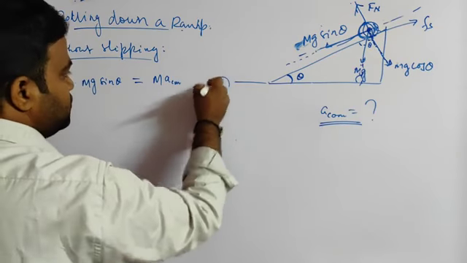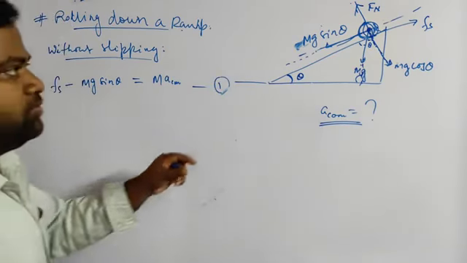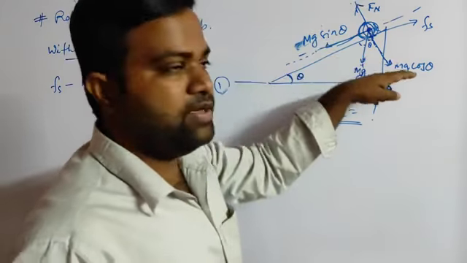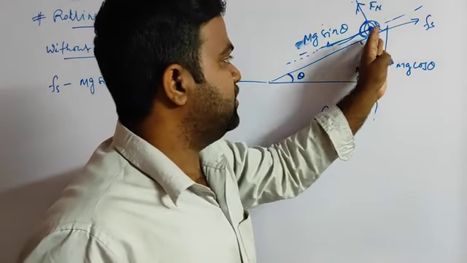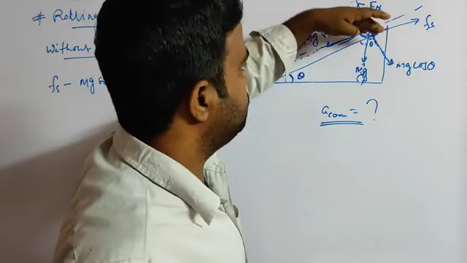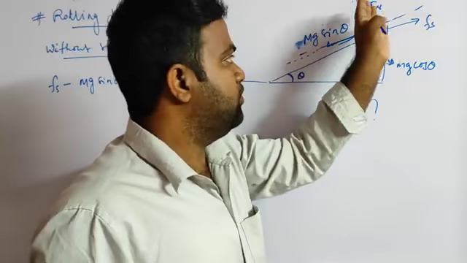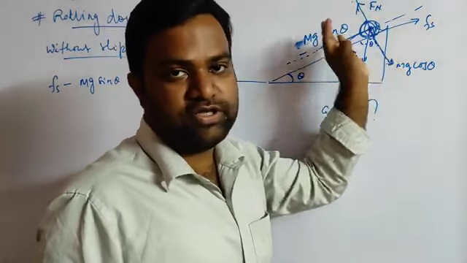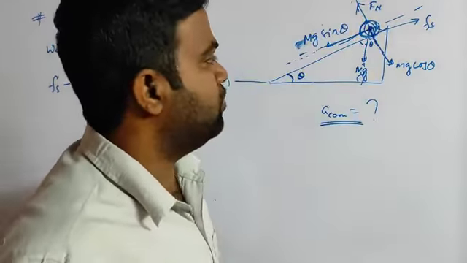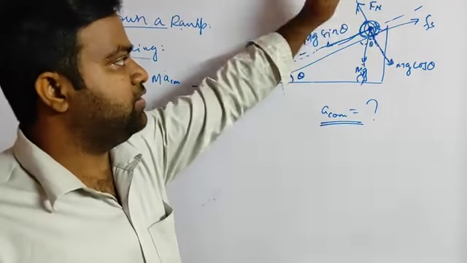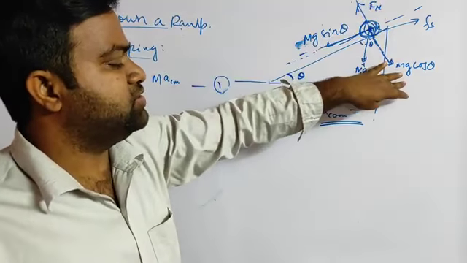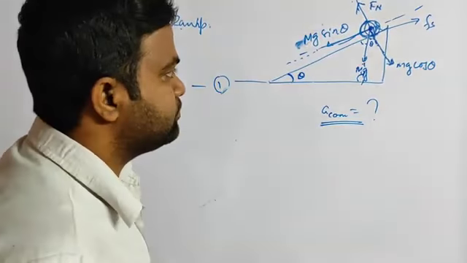Let's say this is equation number 1. Now Fn and mg cos theta are exactly equal, meaning there is no motion along the y direction, so Fn is equal to mg cos theta. They cancel each other, so there is no effect in the y direction.